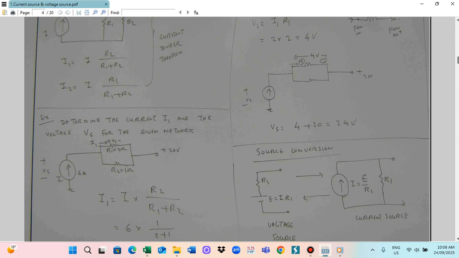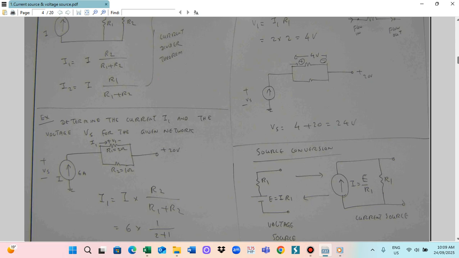The next one is source conversion. Source conversion means that a voltage source and a current source can be converted. A voltage source is like this: every battery has a voltage and also an internal resistance. This is the battery voltage E, this is R1, and this is the terminal.